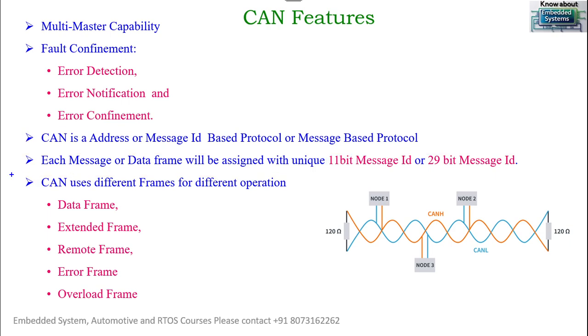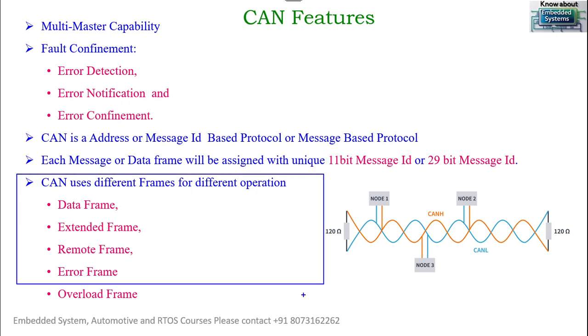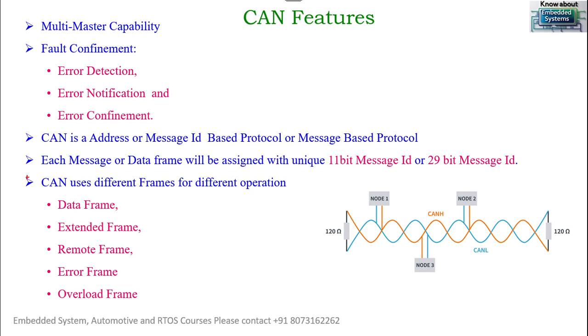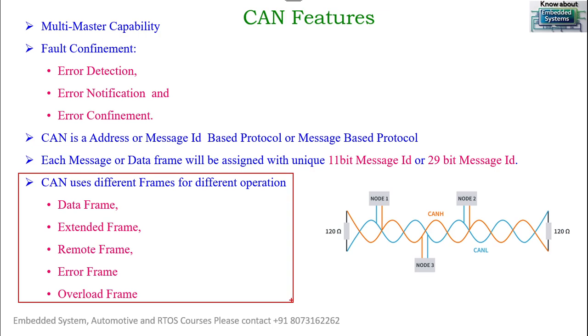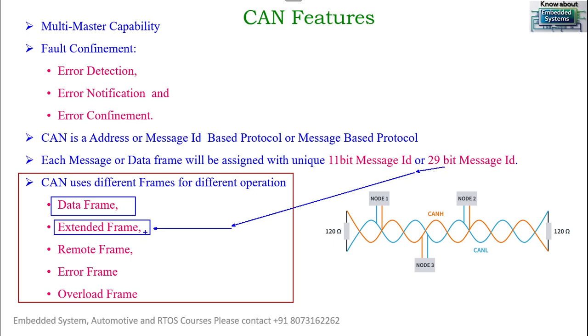The next one is that CAN uses different messages to transmit and receive data based on the different operation. You can see here CAN uses different frames for different operations. If you want to send data, you can use a data frame. If you want to send data with a 29-bit message ID, you can use an extended frame.